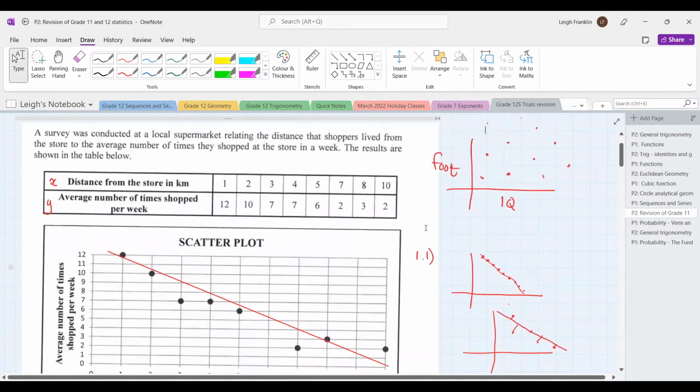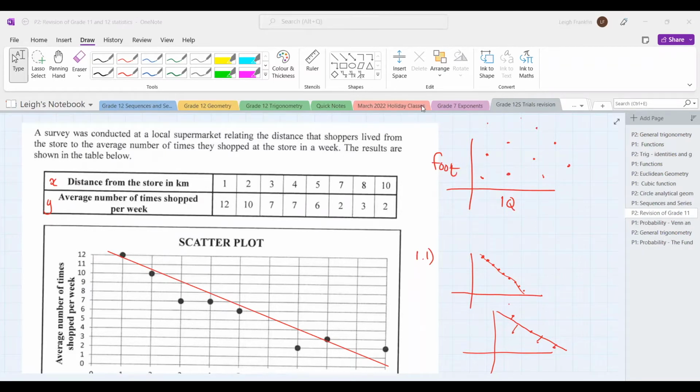Do you know how to calculate the correlation coefficient? Yes. Okay, all right, so let's do that. And once you've worked out what it is, you can put it into the chat. I'm going to do the same thing here. I'm also going to work out what it is and we'll see if we get the same answer.